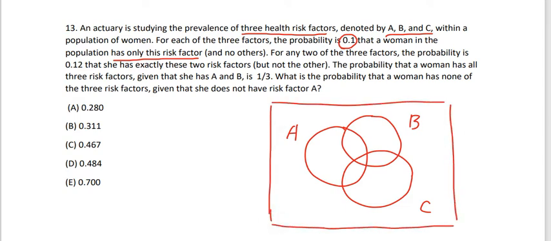We can use this graph. So let's say only this risk. Only this risk is here: 0.1, here 0.1, here 0.1. 0.1 means like this part only. So here's only A, right? This part only A, only B, only C.